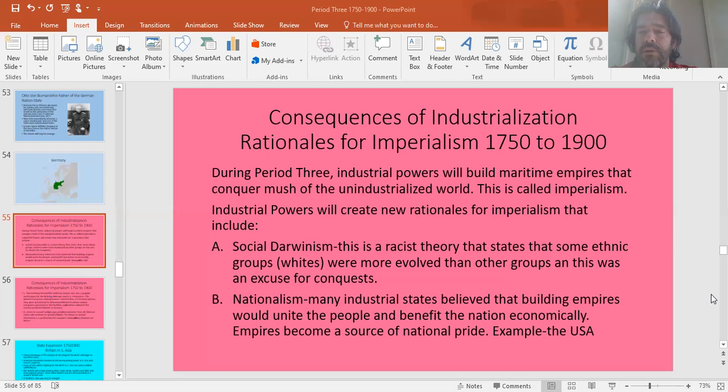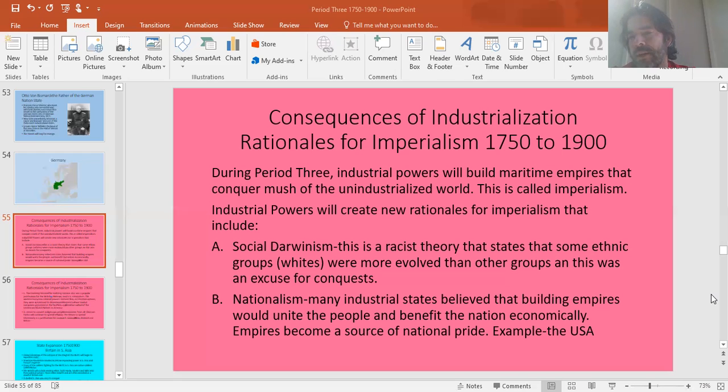So the first question is, what is this movement called? This is going to be called imperialism. Imperialism in period 3 is when the industrial powers, those 6, conquer the non-industrial world.